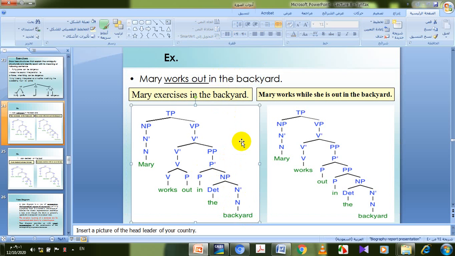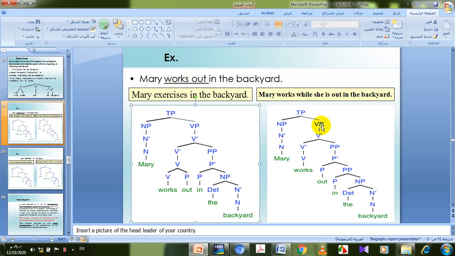However, in the second interpretation, Mary works while she is out in the backyard. It's not Mary works out; it doesn't mean exercise. It means she works while she is out in the backyard.